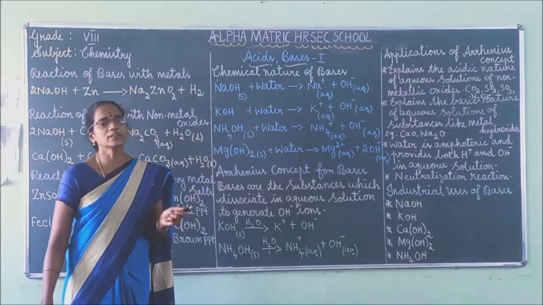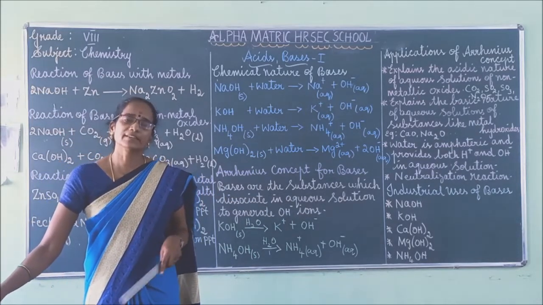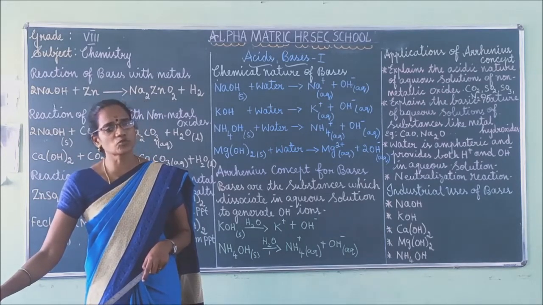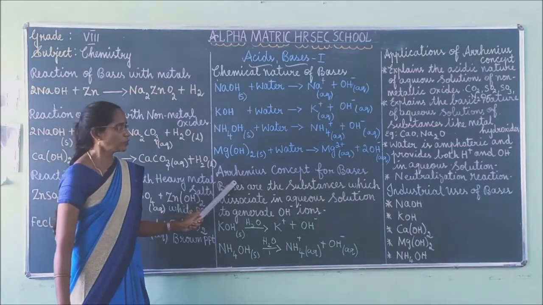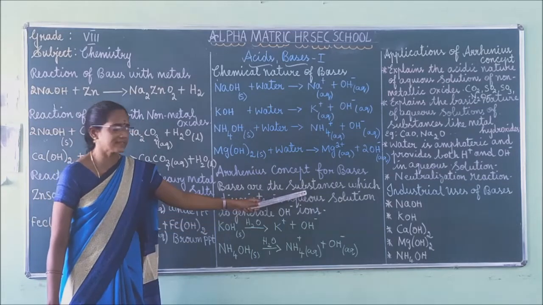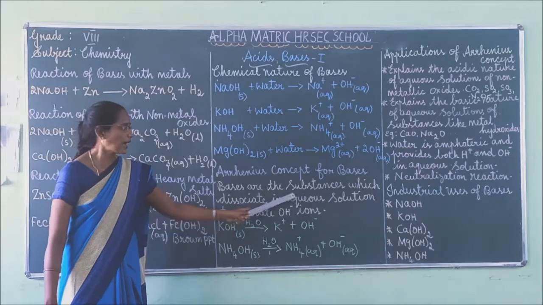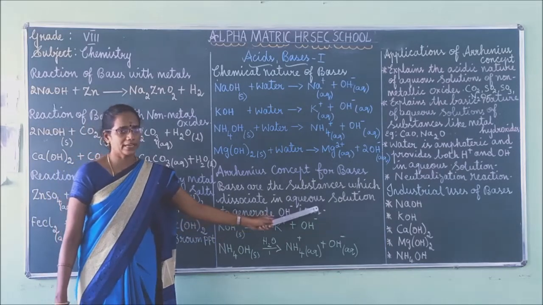An acid releases hydrogen ion, H plus, whereas a base releases hydroxide ion, OH minus, with water. So according to Arrhenius concept, bases are the substances which dissociate, that is separate, in aqueous solution to generate OH minus ions.